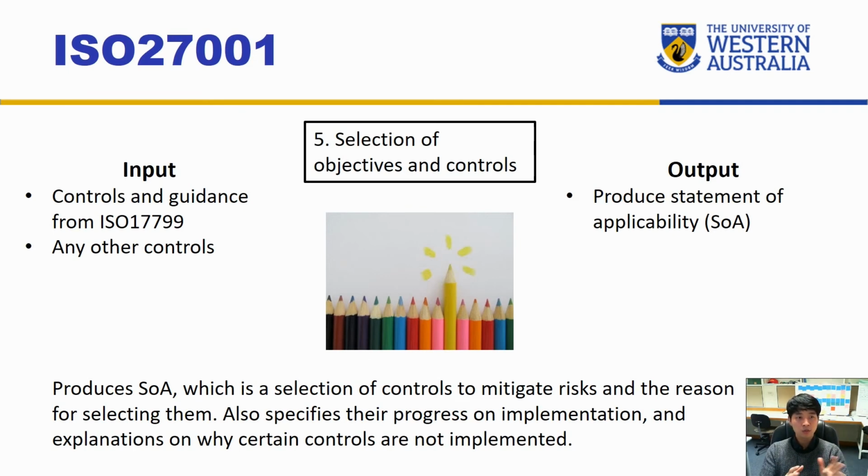Okay, so these controls and guidelines are from the ISO 17799, but obviously any other controls that fit for the purpose can be applied here. And as a result, you produce the statement of applicability.